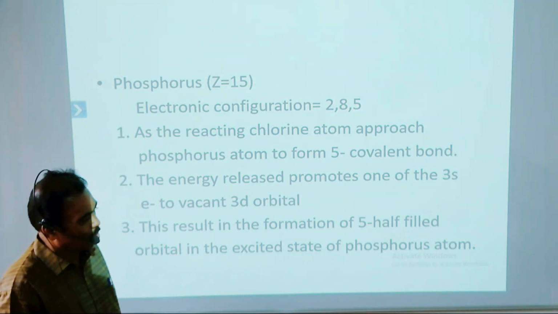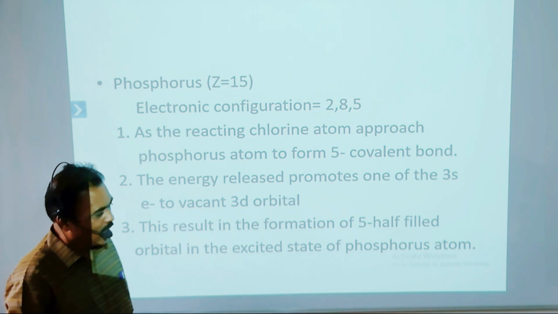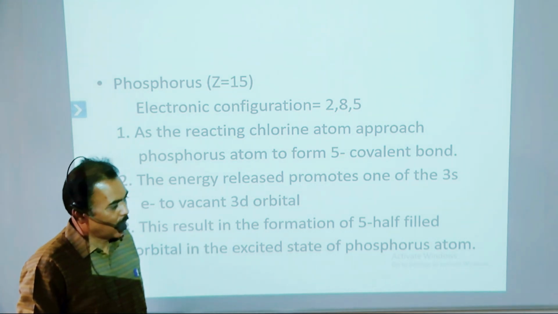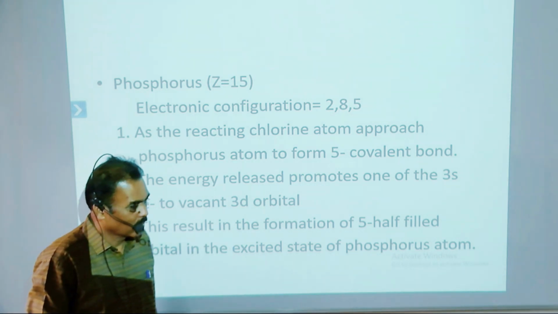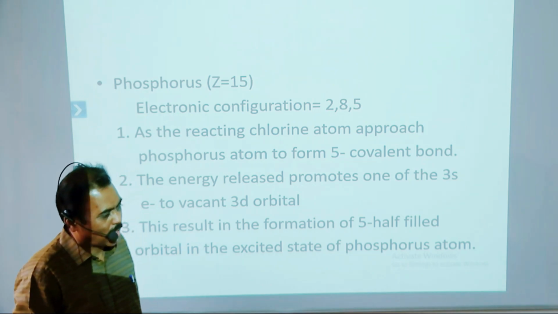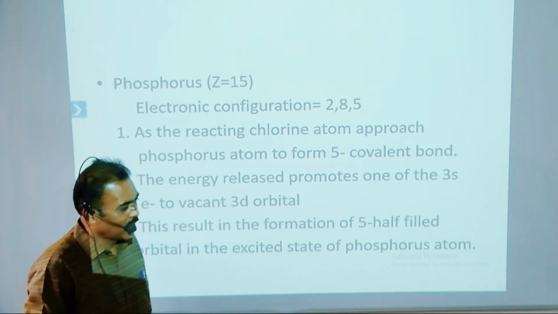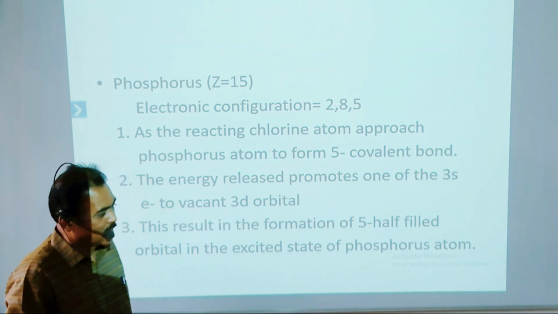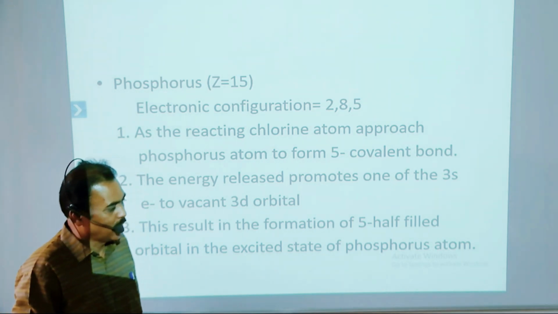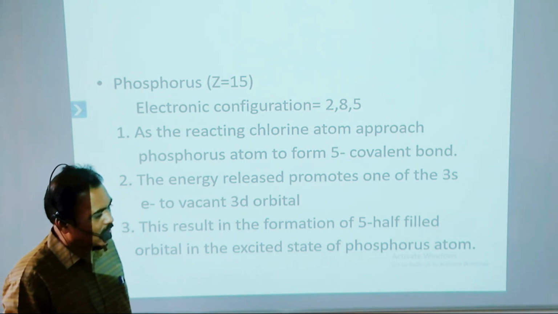That means its outer orbital contains 5 electrons. As the reacting chlorine atoms approach the phosphorus atom, it forms covalent bonds. The energy released promotes one of the 3s electrons to a vacant 3d orbital. This results in the formation of 5 half-filled orbitals in the excited state of the phosphorus atom.